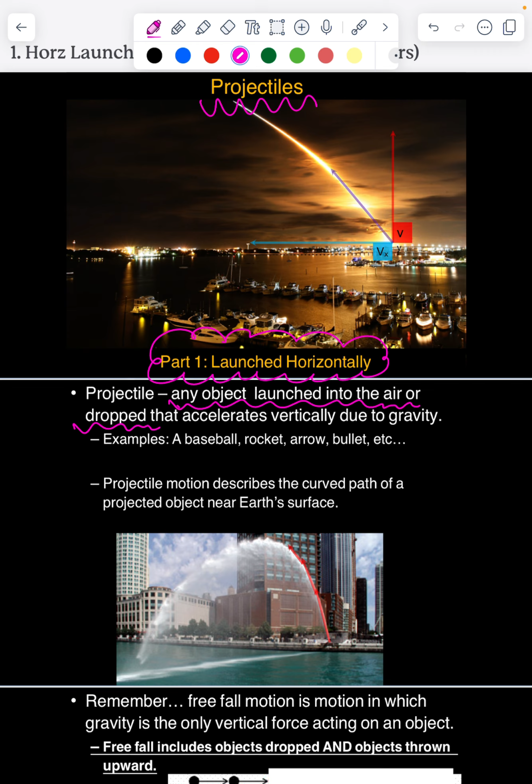We have tennis. If you're hitting a baseball, a tennis ball, a golf ball, anything like that, then those become projectiles as soon as they are hit. So projectile motion is how we describe the curved path of an object.